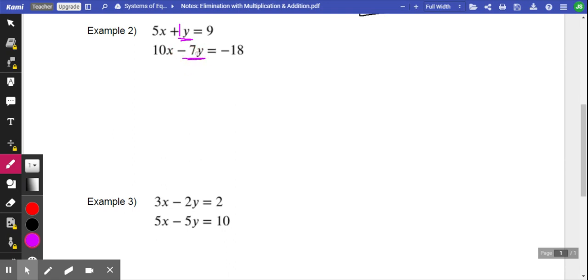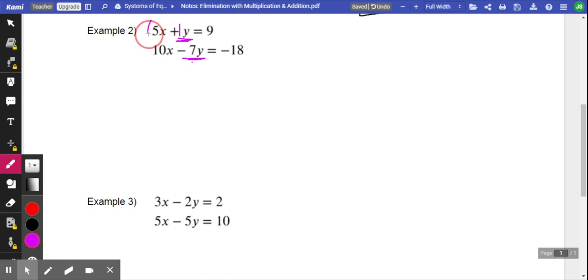The reason I picked y is that there is a 1y there. Ones are very easy to change to any number that we want, and the only way that we can change things is by multiplying. So if I look at the bottom and I have a negative 7y, I want to change this one to a 7.